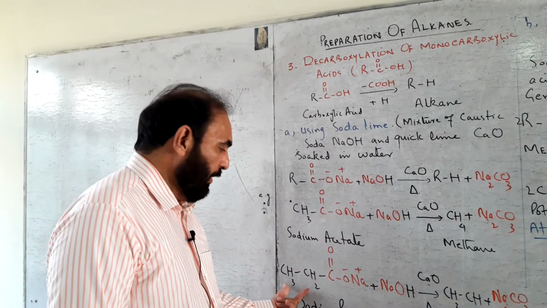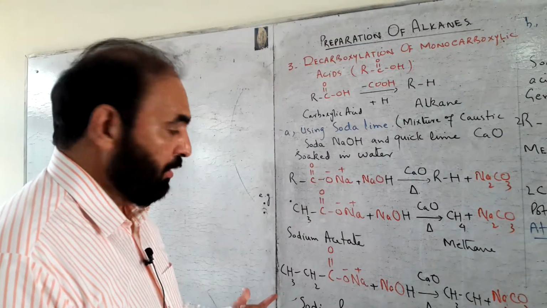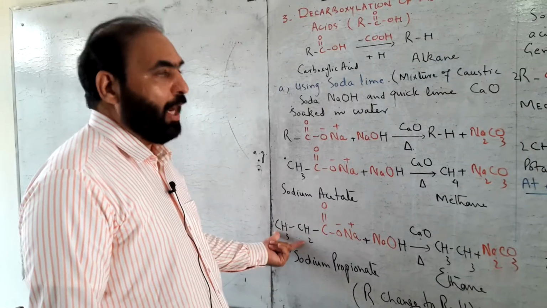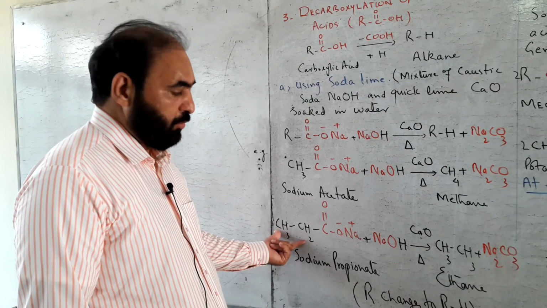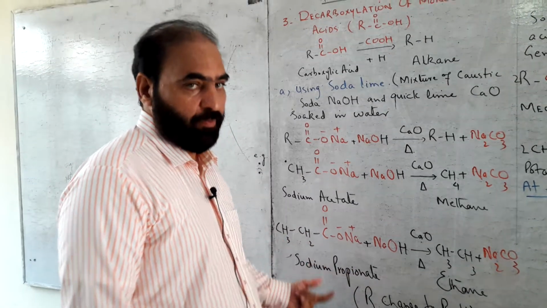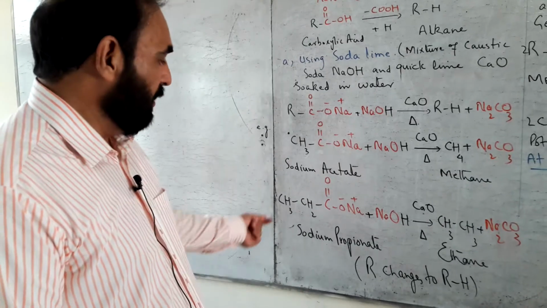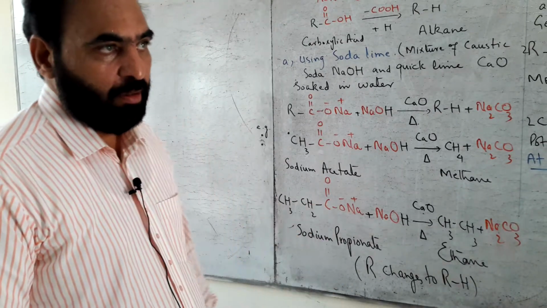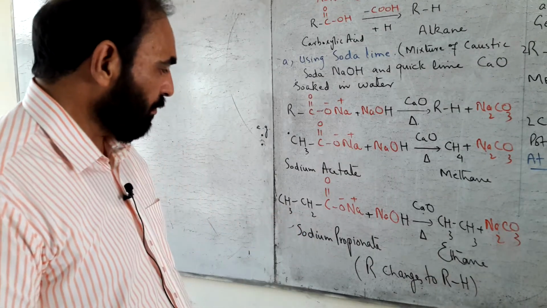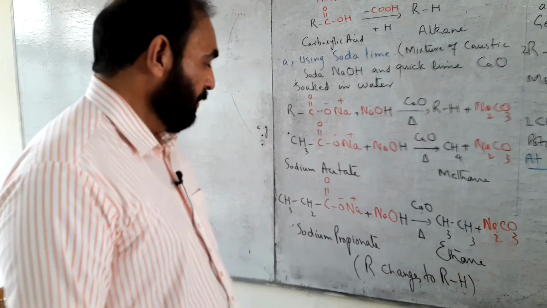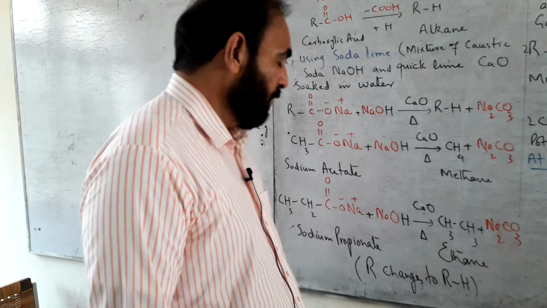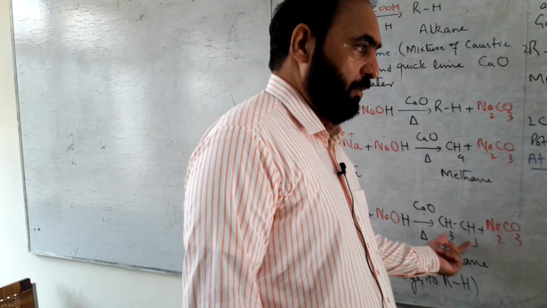Similarly, if we have a monocarboxylic acid in salt form with R of 2 carbons, this salt is given the name sodium propionate, a monocarboxylic acid with 3 carbon atoms, 1 of the carboxyl group and 2 in the alkyl group. From sodium propionate, we get ethane.